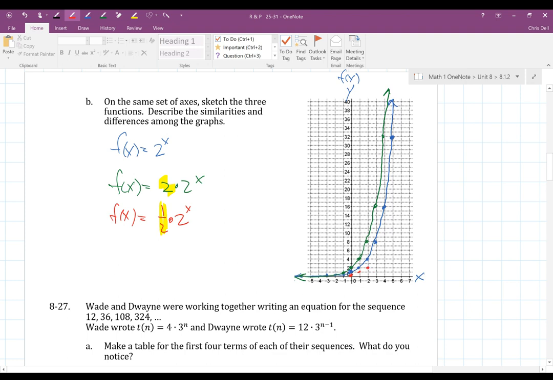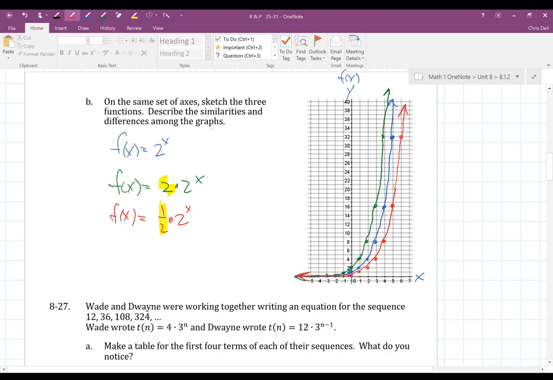At 3, it's at 4. At 4, it's at 8. So every time it's doubling. And 5 is 16, and 6 is at 32. So once again, the end behavior is the same in this direction. It gets closer and closer to 0, but never crosses the x-axis. And it goes up. So those are the 3 graphs.